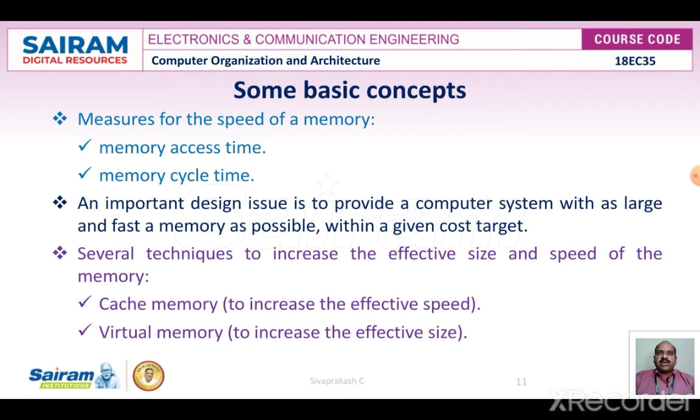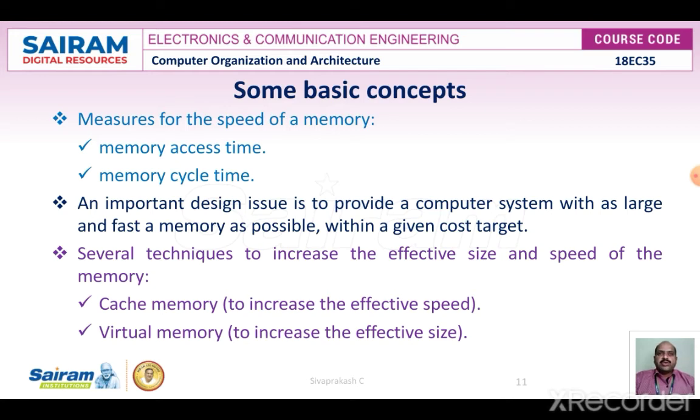In general, some techniques are used to increase the effective speed and size of the memory. The processor of a computer can usually process instructions and data faster than they can be fetched from a reasonably priced memory unit. So the memory cycle time is a bottleneck in the system.